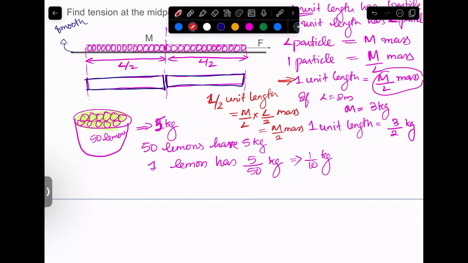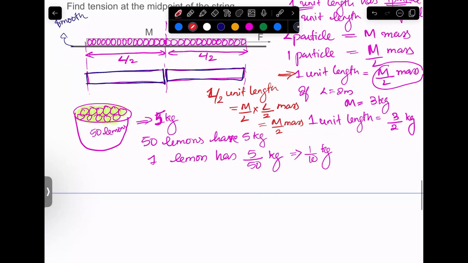That is very easy to understand because it is uniformly distributed mass, and it is cut at the midpoint. That means the equally distributed mass is now half. So that is why m by 2 mass makes sense. This has m by 2 and this has m by 2.